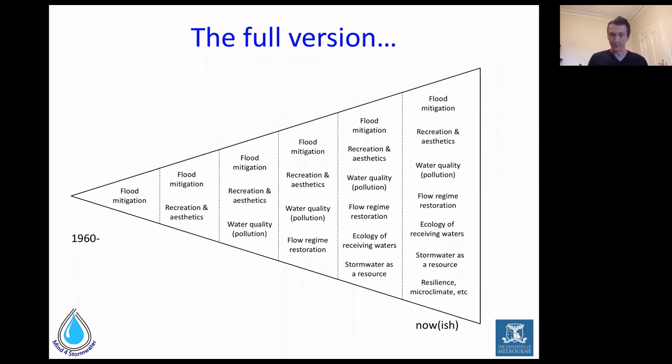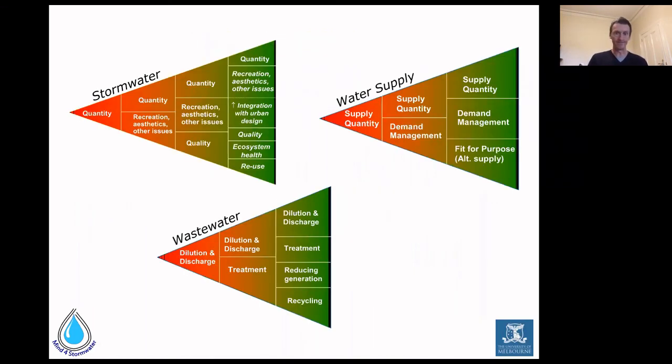That's got lots of advantages because it means we're now going to deliver a whole range of benefits to the community, but it also means we need a greater range of expertise in delivering those outcomes, and we need a greater range of consultation and engagement and input with various perspectives in the community.